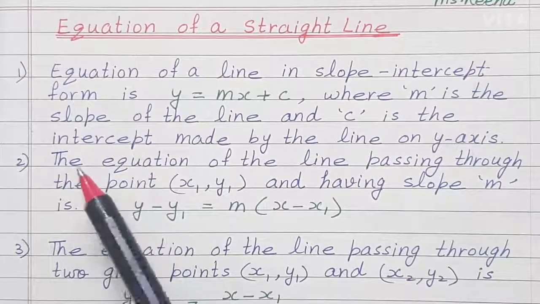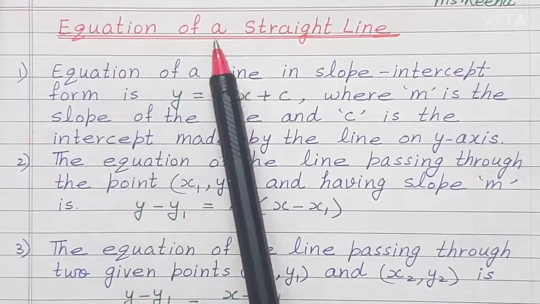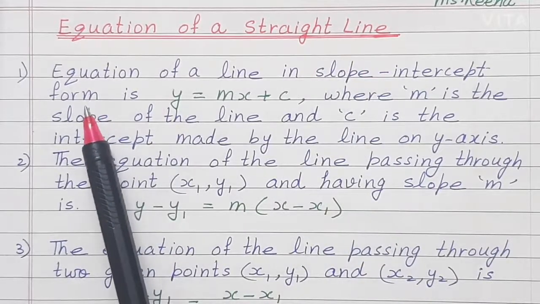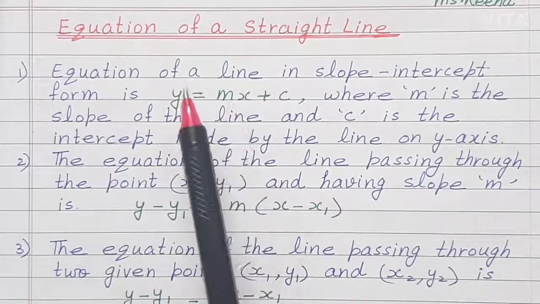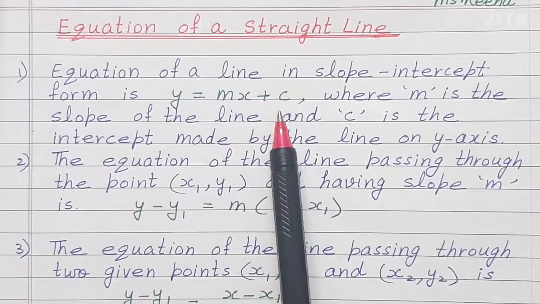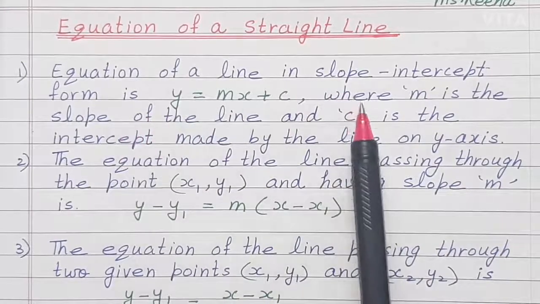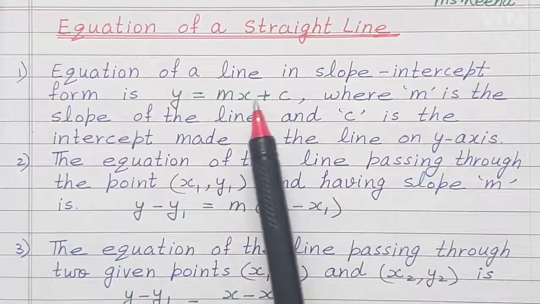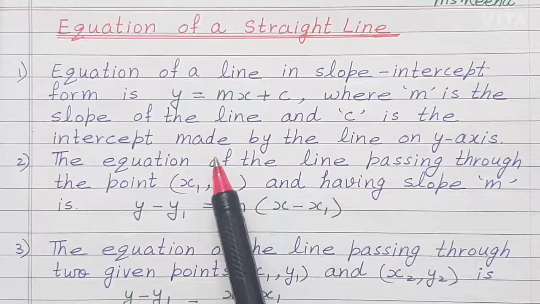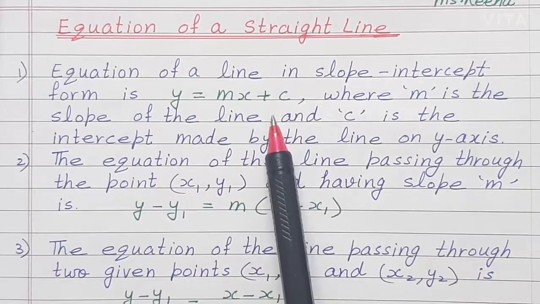Now students, the last topic of this chapter is the equation of a straight line. The first equation is y = mx + c. This is called the slope-intercept form, where m is the slope of the line and c is the intercept made by the line. Clear?